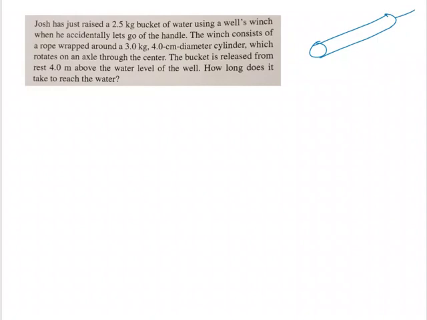Looks like a rolling pin, but this is the thing that winds up the rope. Then we have the rope getting spooled up around the cylinder, like so. And then the bucket coming down. There's our bucket.